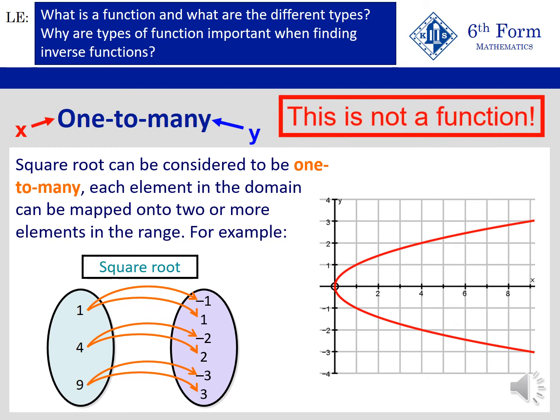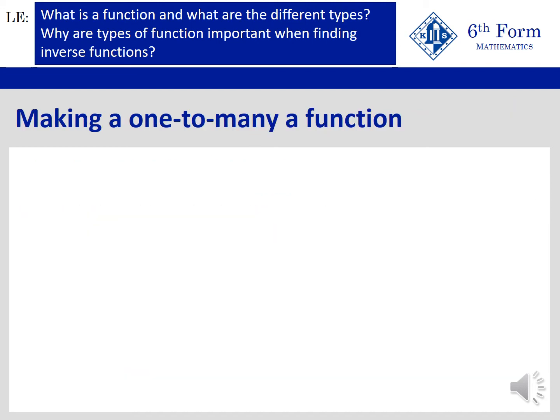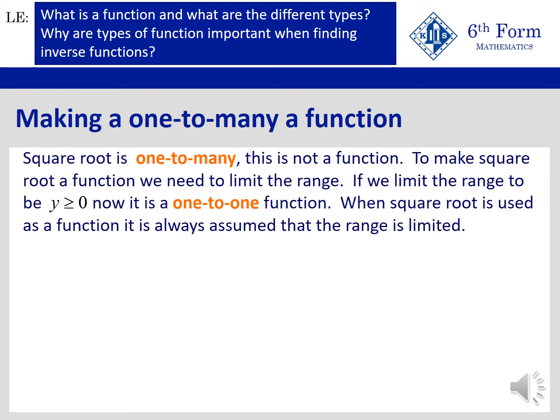If you type in square root of 9 on your calculator, it will tell you it's 3. We like to have a unique answer. We don't like to have these two different possible things coming out. So treating square root x like this, we would not consider it to be a function. But as we just mentioned, we could consider making it a function as long as we say that the answers we only take are the positive answers.